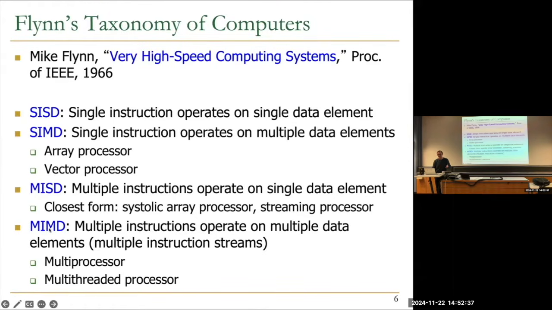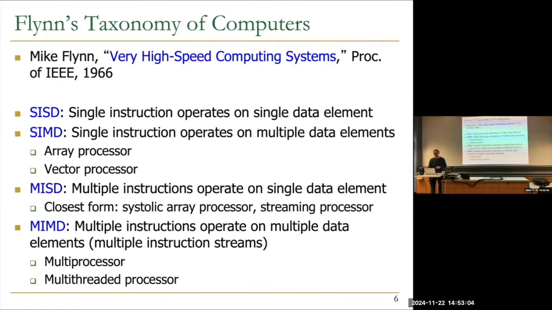You have MIMD processors in a multiprocessor, and each core in that multiprocessor is a SISD type of processor, which has SIMD extensions. And if you have an accelerator that is a machine learning accelerator, that may be MISD, right? A GPU is clearly a SIMD type of processor, but it also has some accelerators internally that may look MISD.